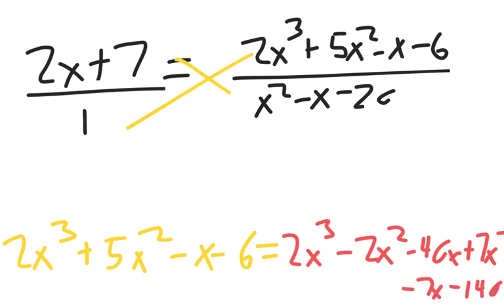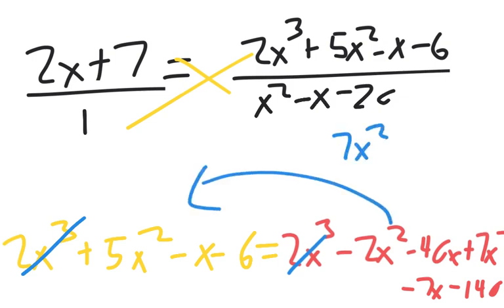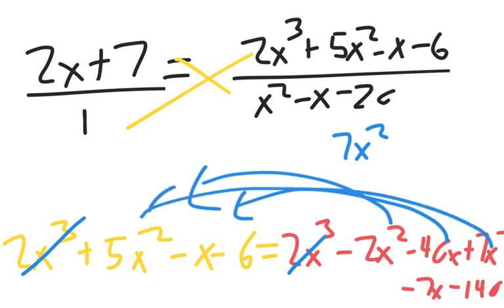Grouping like terms, 2x cubed and 2x cubed is going to cancel. I move that over, that becomes a 7x squared. I move that over, that's going to become a, well, no, okay, hold on. Interesting. So if I move that over, that becomes a 7x squared, but then if I move this over there with it, that's a negative 7x squared.